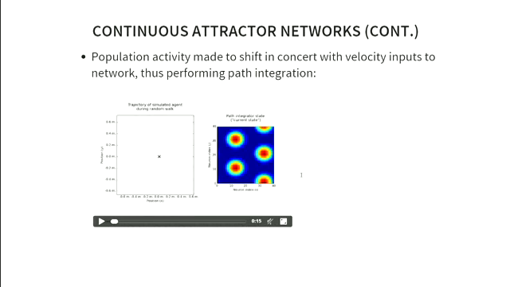What happens then is that this population pattern is made to shift around in the network in response to the self-motion inputs. So to show you this, on the right-hand side we have the current activity of all of the grid cells in the network. So this is similar to the matrix we saw on the previous slide. And then on the left-hand side here, we will see the trajectory of the agent as it performs this random walk.